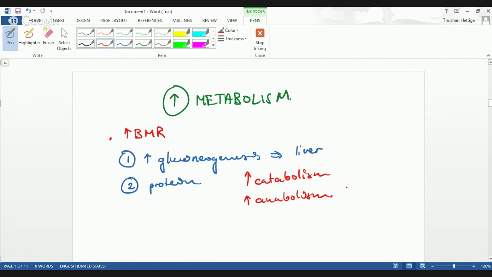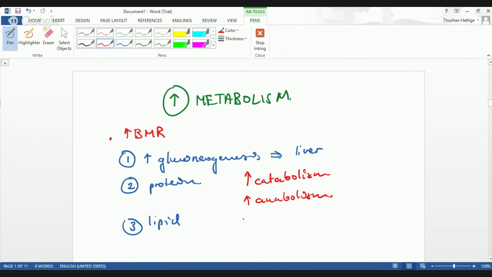So you can say that there's an increased turnover of protein. That's a good way of thinking about it. It increases the production and the breakdown of protein, but the net effect is actually breakdown of protein, which is why when you become hyperthyroid, you tend to lose muscle mass. The third thing is lipid.